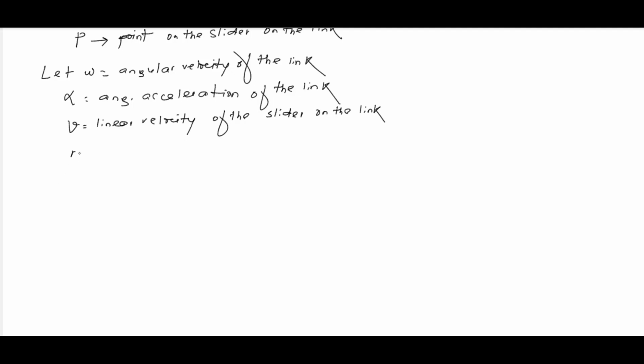R is the radial distance of point P on the slider.